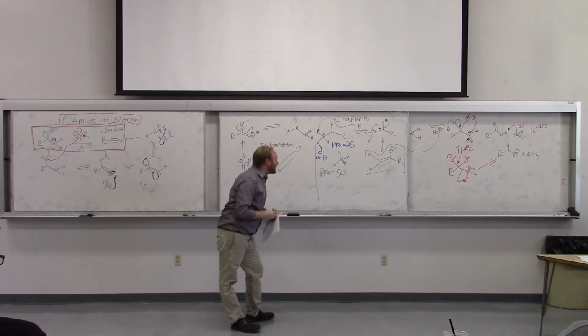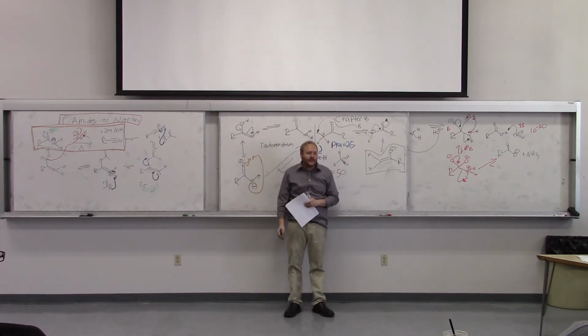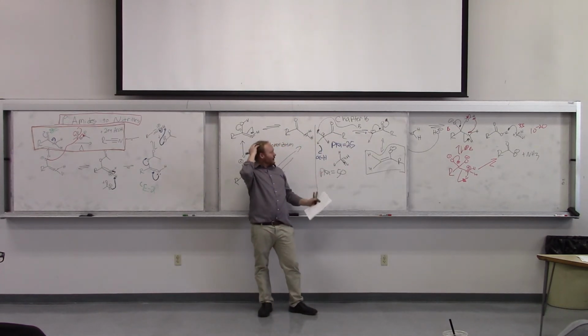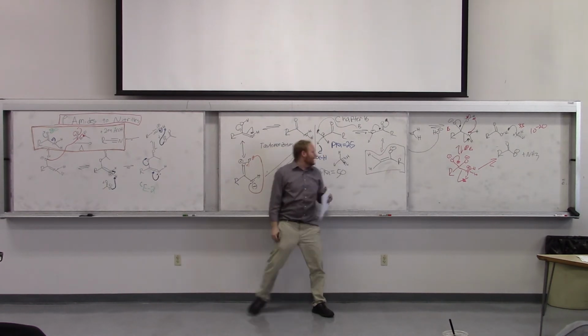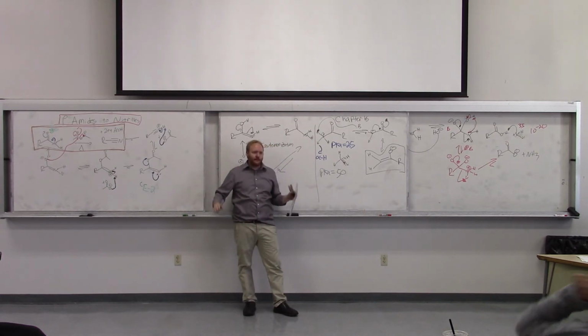So the fact that we have this resonance stabilization with the carbonyl means that the conjugate base of a carbonyl with an alpha hydrogen is 25 orders of magnitude more stabilized than if it weren't there at all. Huge stabilization, 25 orders of magnitude.